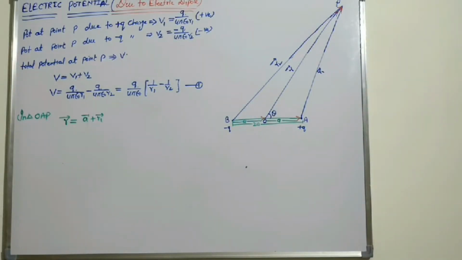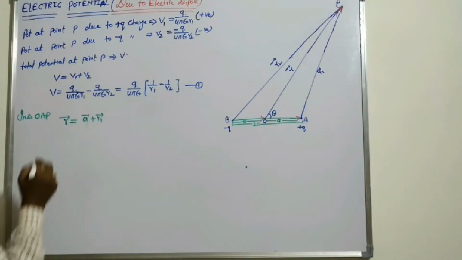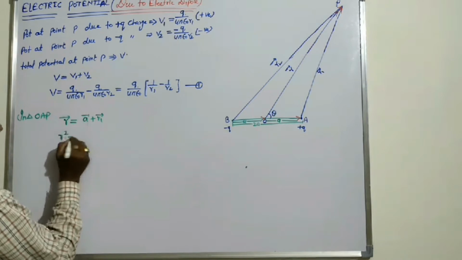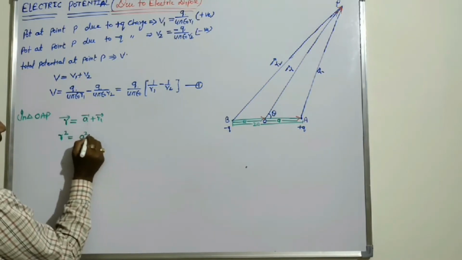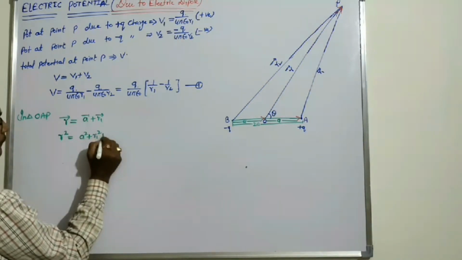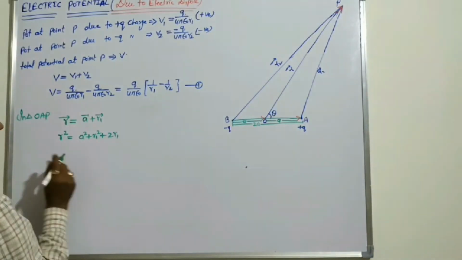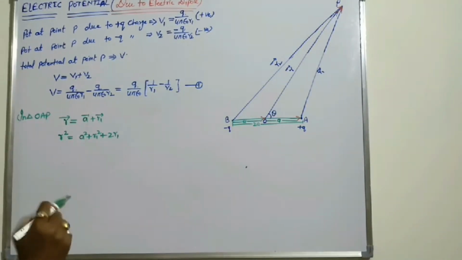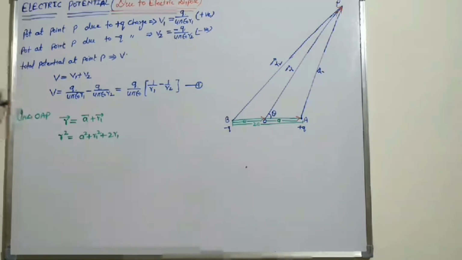Now we can solve this by the triangle of vector addition. Now we can find the value of R1.